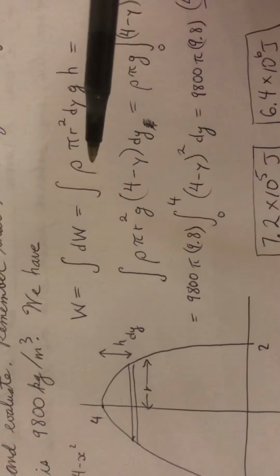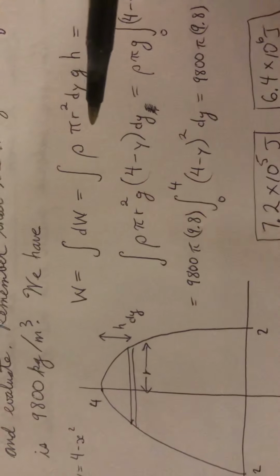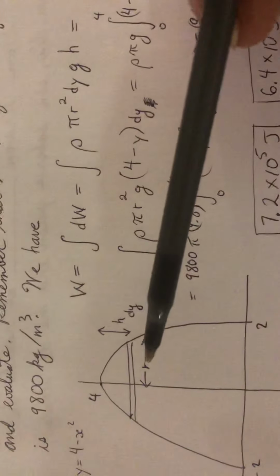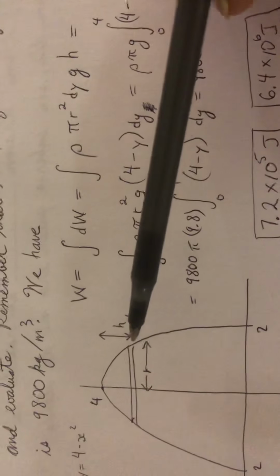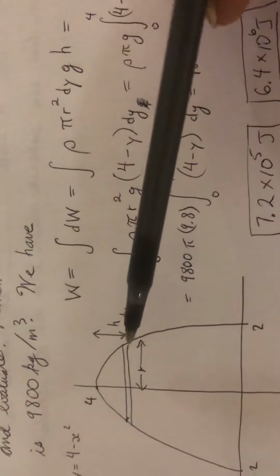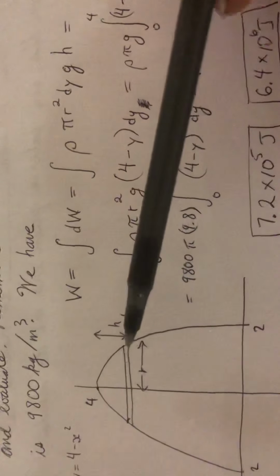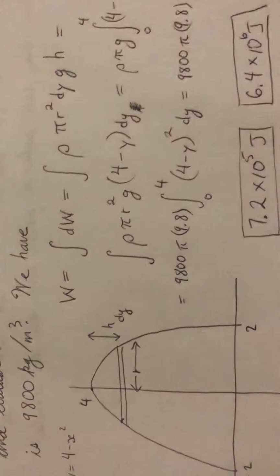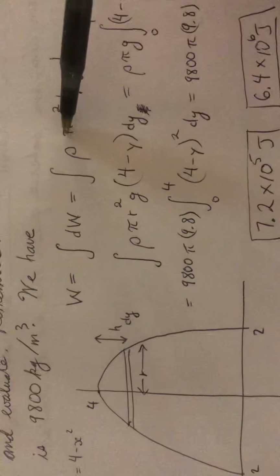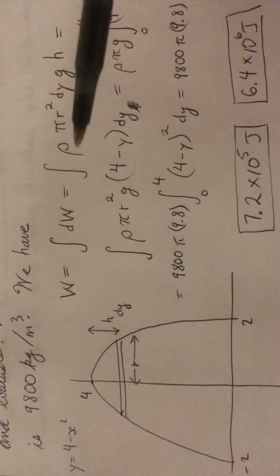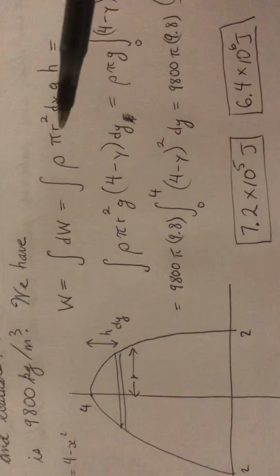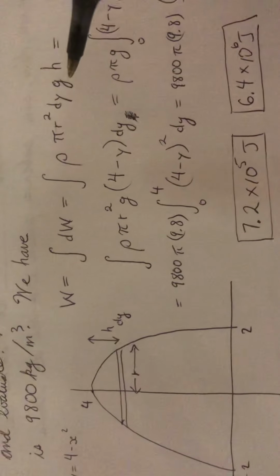To find m, I need to take the mass density times the volume of, imagine this like a penny, a disk. The volume of the disk is pi r squared dy. So rho times the volume is m. Then I have my g, and then I have my h.